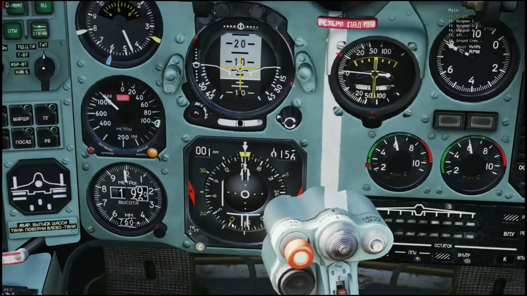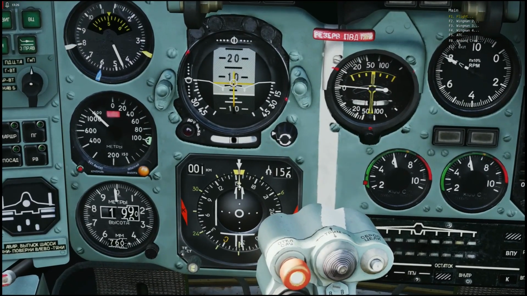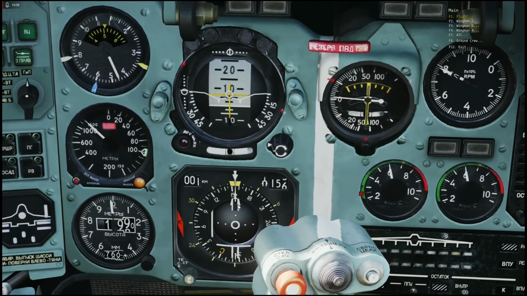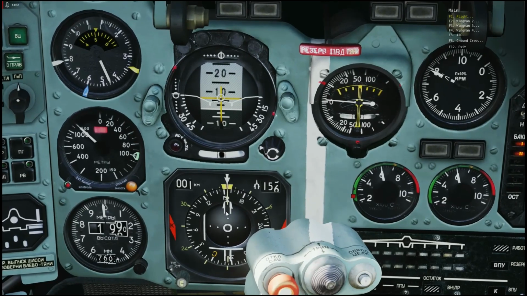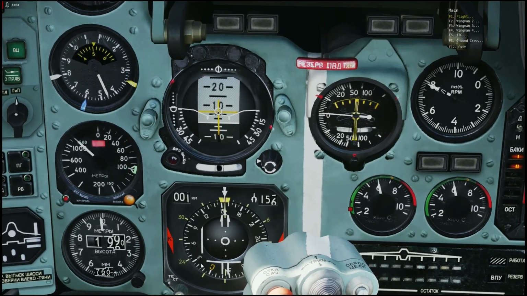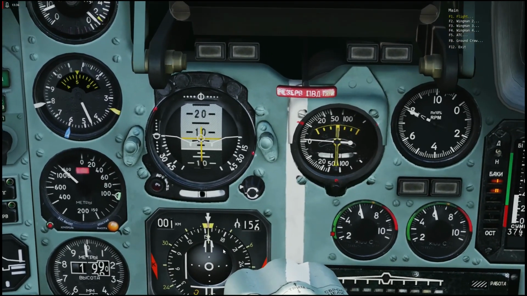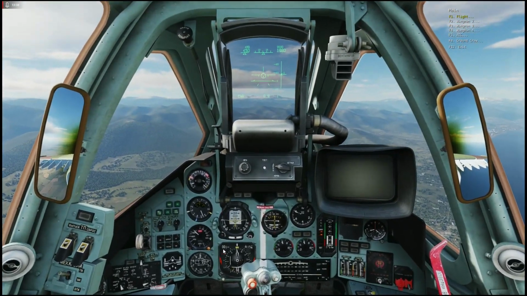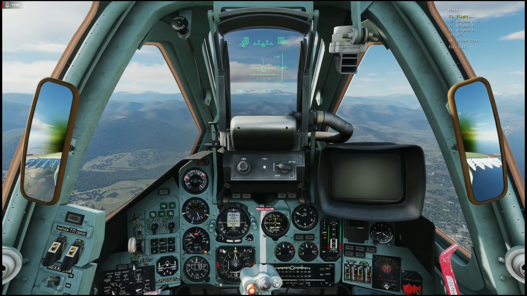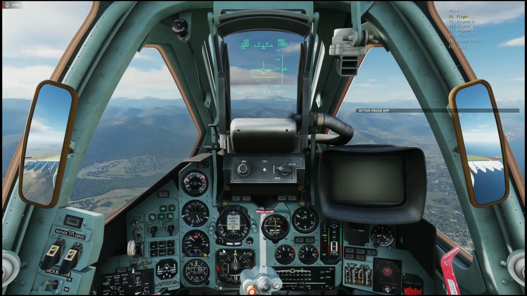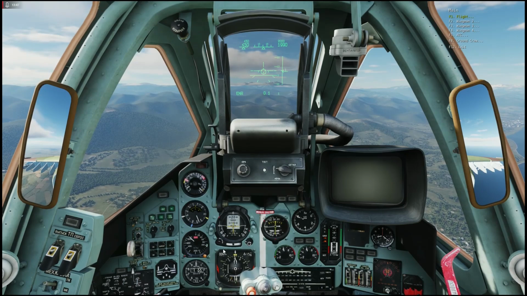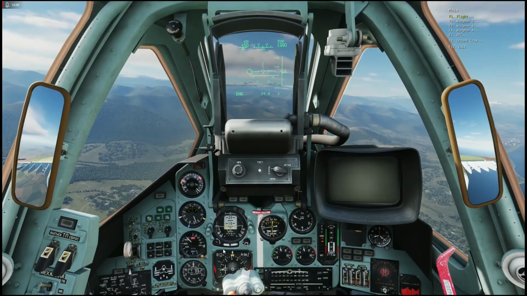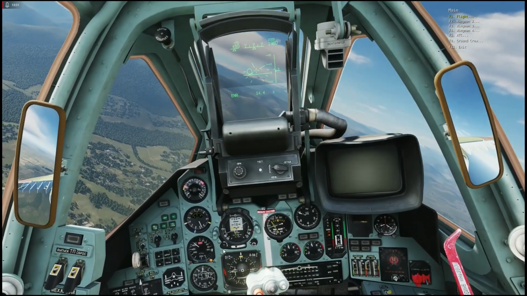And if you take a look at my HSI, you can see both needles are perfectly aligned. That tells me that I'm heading directly towards that steer point. It does not tell me whether or not I'm at the correct altitude. And now, waypoint 2, or steer point 2.